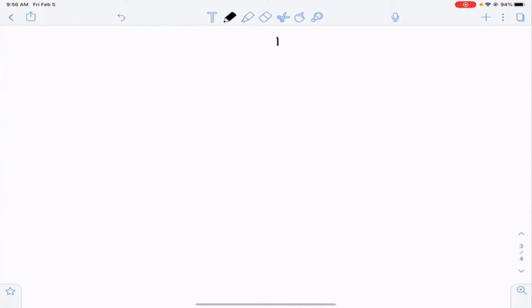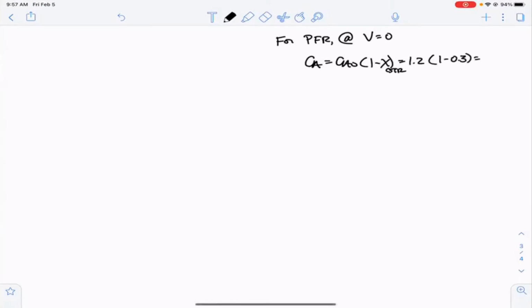So for our PFR, at volume equals 0, Ca actually equals Ca0 times 1 minus x for the CSTR. And that's 1.2 times 1 minus 0.3, which is 0.84 molar.